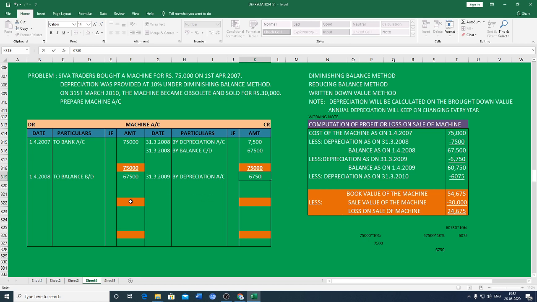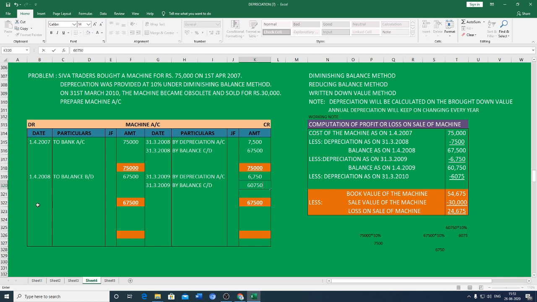Look at the working and you have clear cut understanding now. 67,500 debit side is more, writing both the sides. Now 6,750 we have to subtract, then we will get balance on 31st March 2009. That balance will be called as by balance carried down. So how much it is? After subtraction, 60,750 as per working.